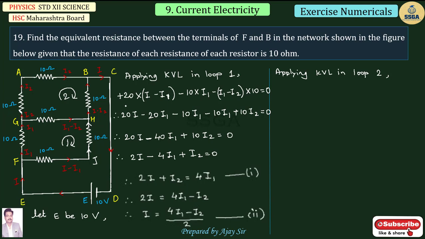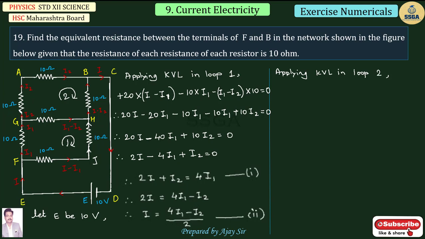So again we can consider the direction of tracing. Here the I2 current is flowing through this resistance, and the same current flows through the other, so the total resistance is 10 ohm plus 10 ohm, that is 20 ohm, and the current is I2.